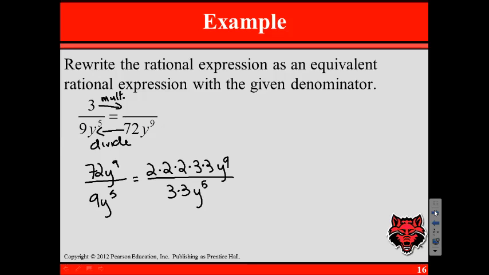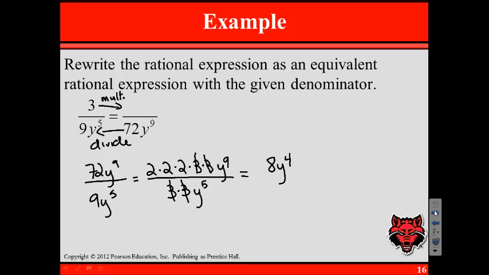Now, when canceling common factors with our numerical coefficients, we have a common factor of 3 and another common factor of 3. So for the numerical coefficient, we're left with 2 times 2 times 2 in the numerator. For the variables, remember when we are dividing variables, we subtract the exponents. So we're left with y to the 9 minus 5, or y to the 4th.